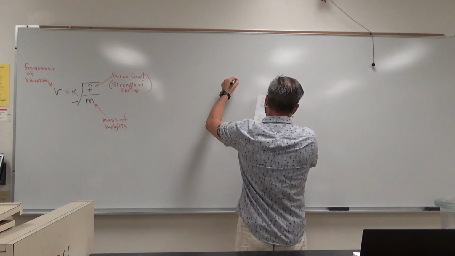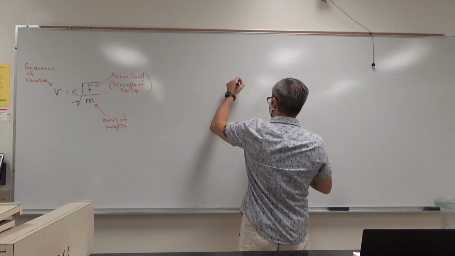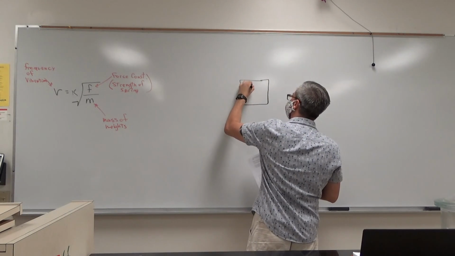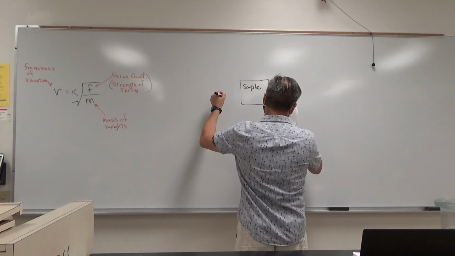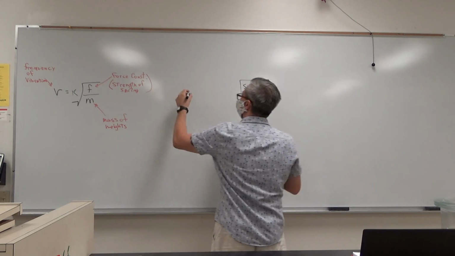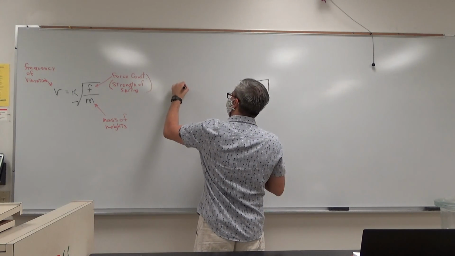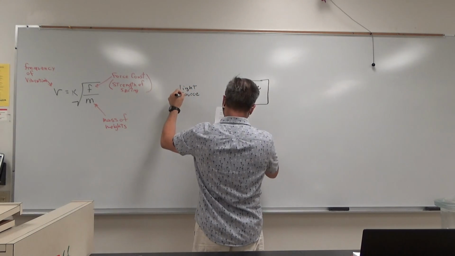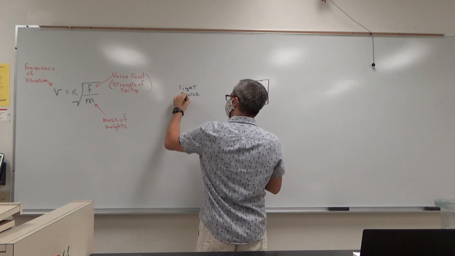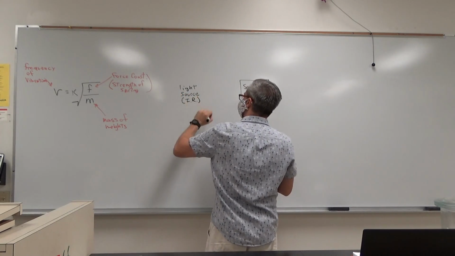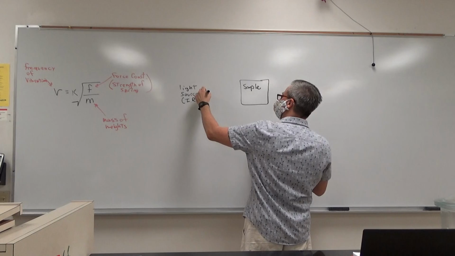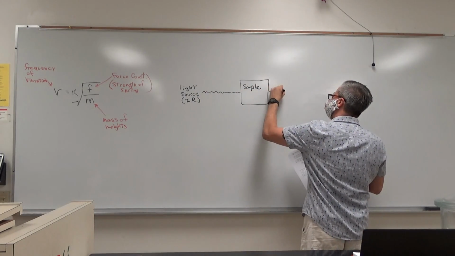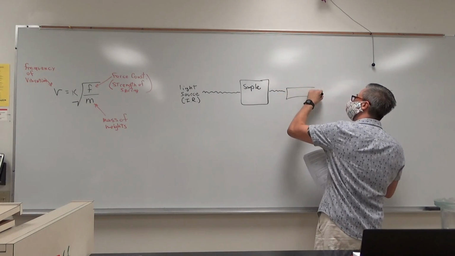You have your sample chamber, some light source operating at different frequencies of the IR spectrum, and then you have a detector.